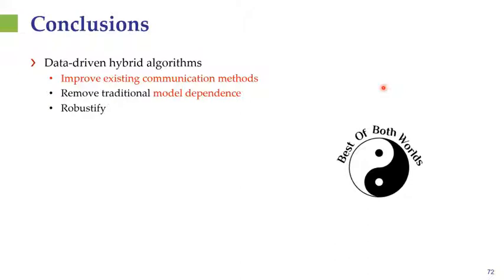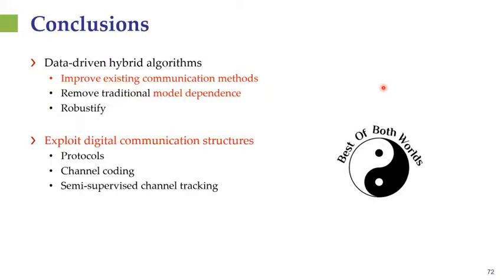It also robustifies these algorithms, reducing their sensitivity to uncertainty. We also showed how, by exploiting the structure of digital communications like protocols and channel coding, one can train deep receivers to track channel variations in an online manner, in a semi-supervised fashion, without having to provide additional synthetic training.